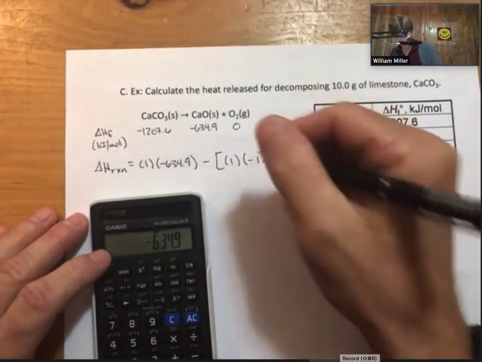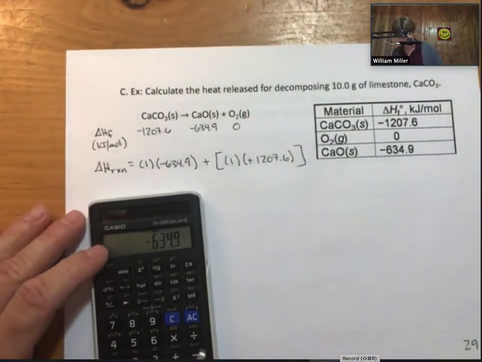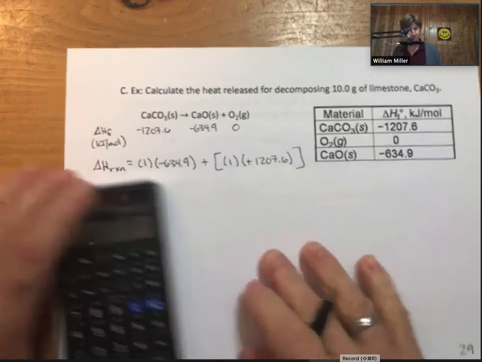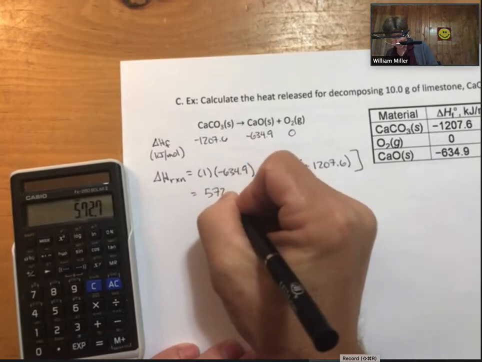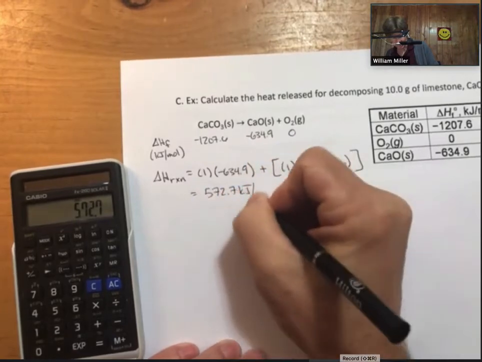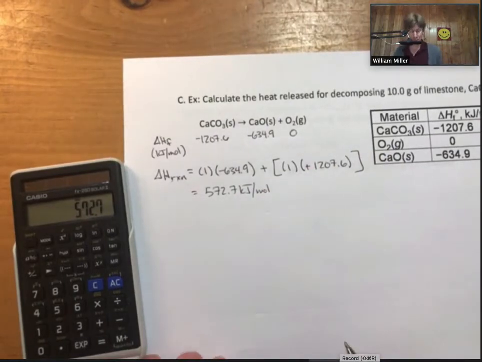We have a minus here, so that's a plus. 572.7 kilojoules per mole, highly endothermic reaction. Takes a lot of energy to get this to go.